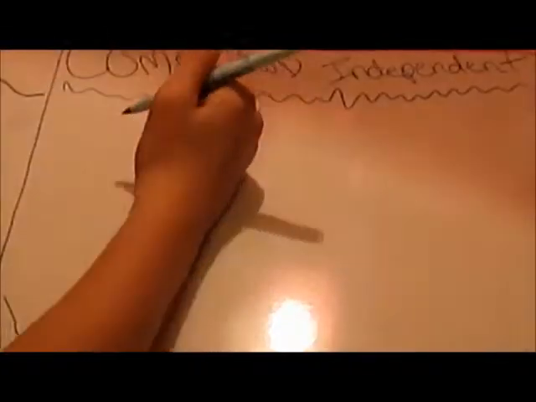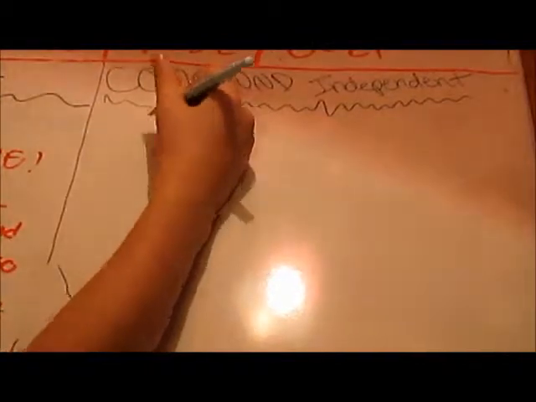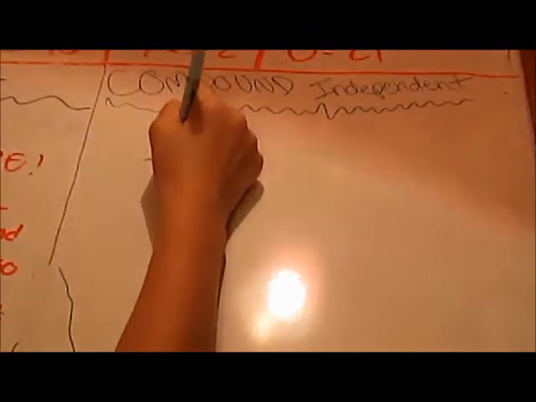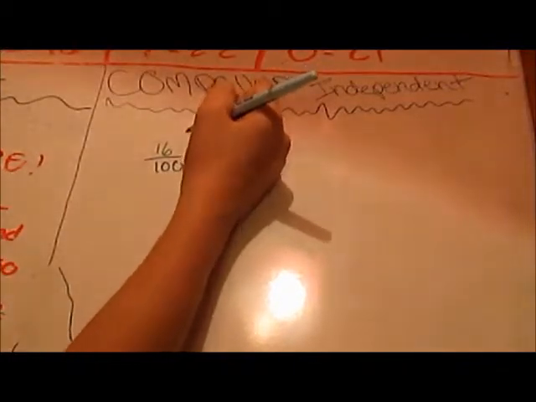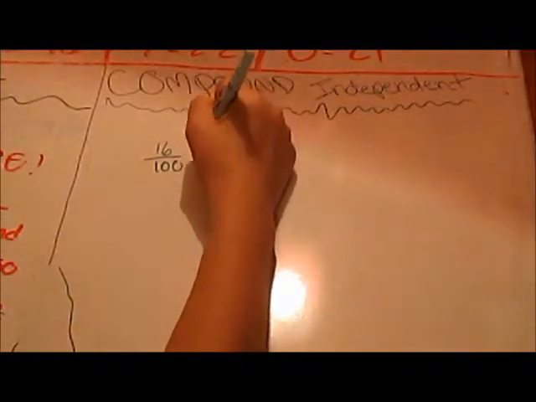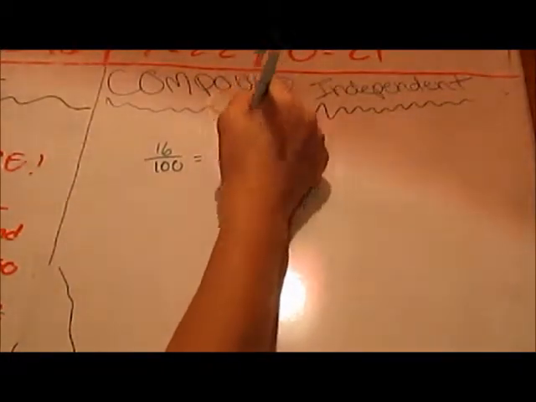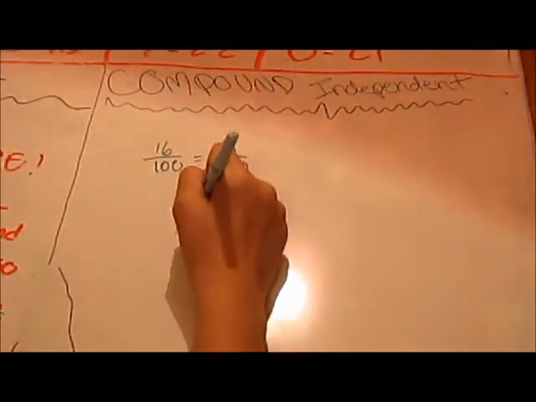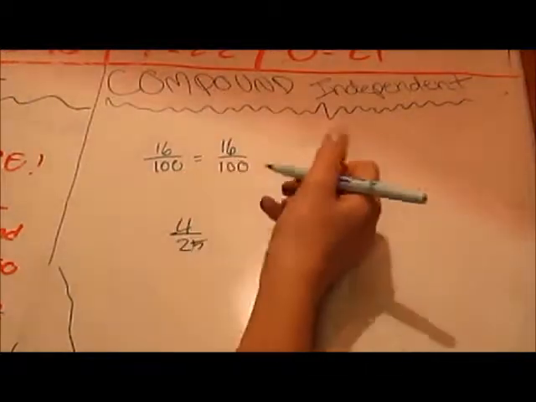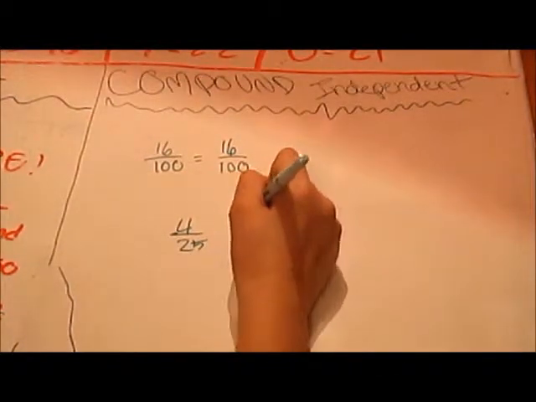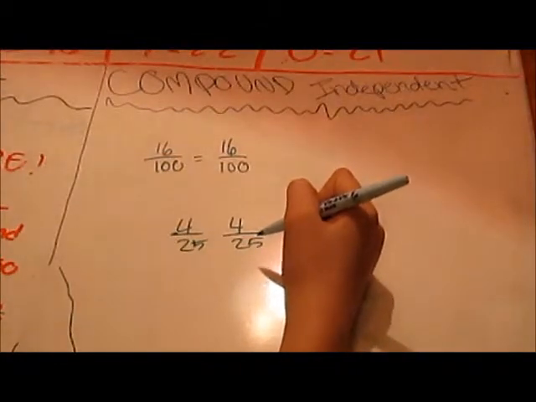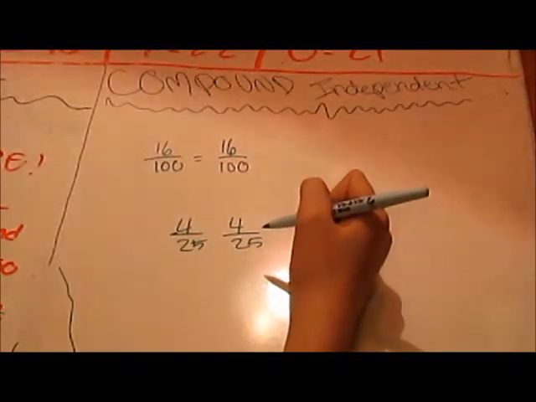First we got green, and our older result told us that it was 16 over 100. And then we also got purple, which was also 16 out of 100, which, if you simplify it, equals 4/25 and 4/25. Because 4 goes into 16 4 times, and 4 goes into 100 25 times.